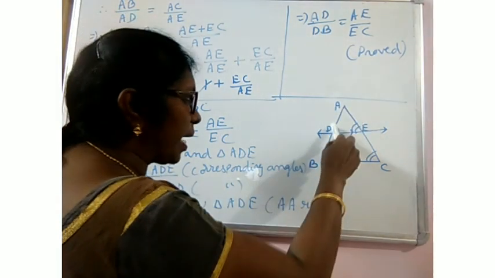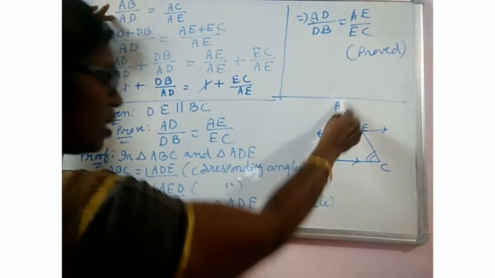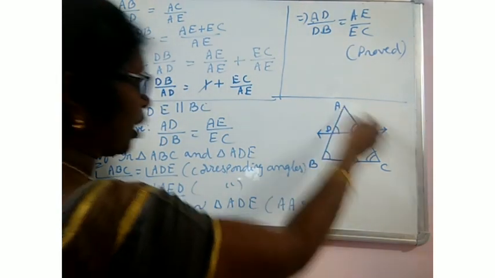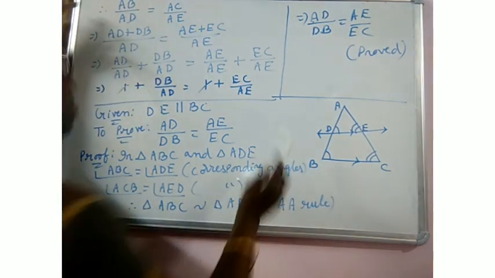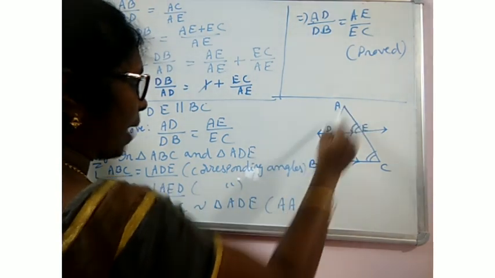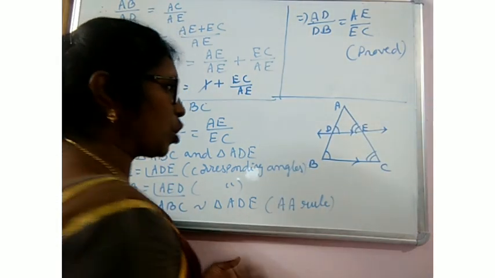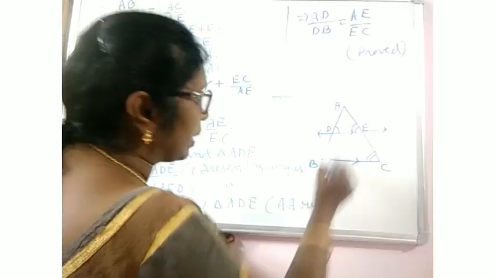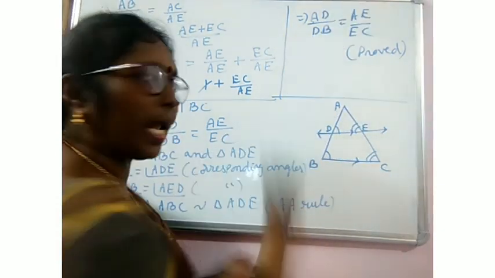Here you proved AD by DB equal to AE by EC. Here you have shown AB by AD equal to AC by AE. If you do reciprocal both the sides, you will get AD by AB equal to AE by AC. And also here DB by AD is also equal to EC by AE.